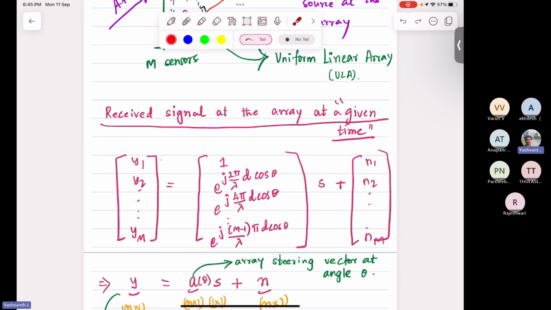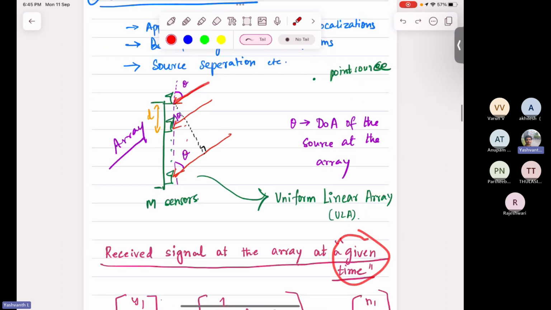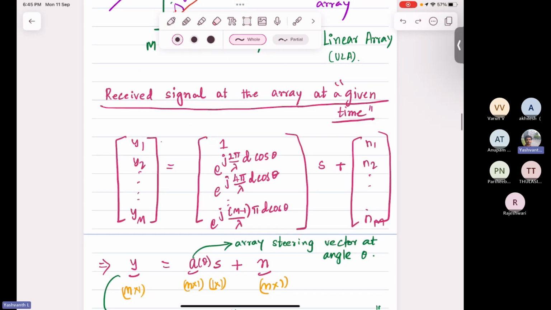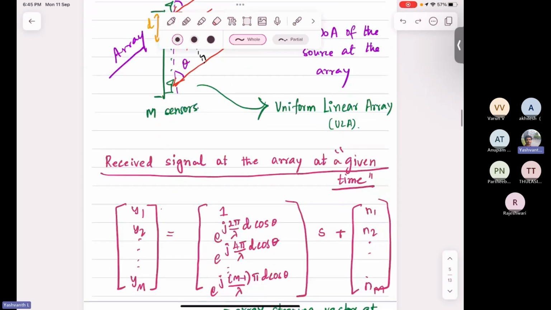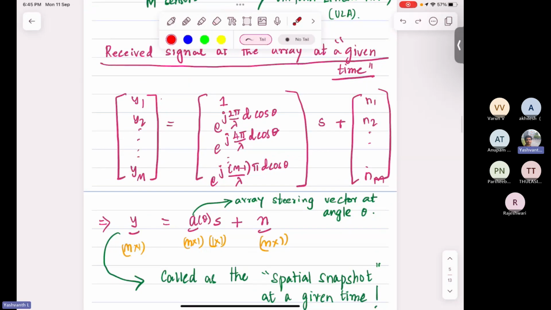If you write down the received signal at the array at any given time instant, because all these waves are arriving, this phenomenon of capturing the signal is at a given time. So if at a given time instant you capture the received signal, it is given by y1 till ym, because there are m sensors.